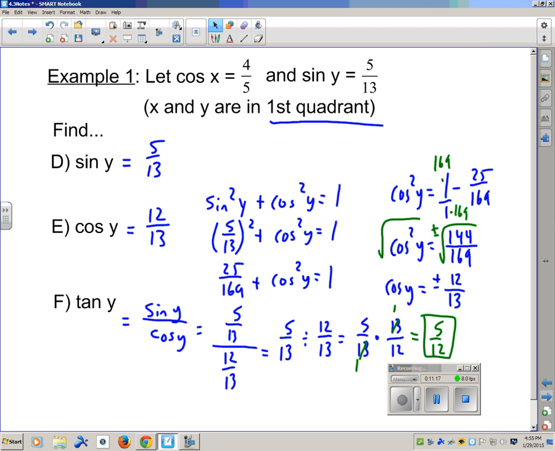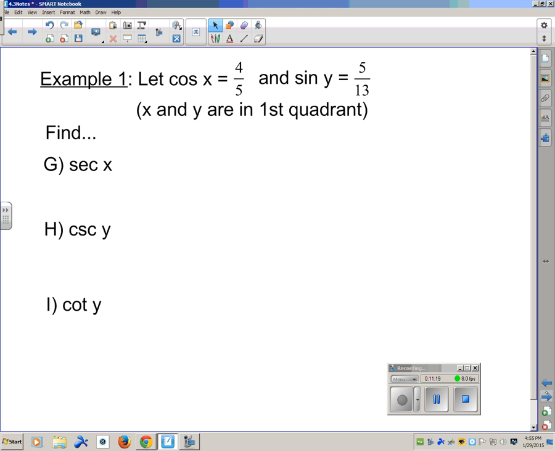All right, so now that we've got all the pieces, let's come over here. Now you have to think about what secant means. Secant, again, at the top of your identity sheet, is 1 over the cosine of the angle. So what's my cosine of x? I was given that it's 4/5.